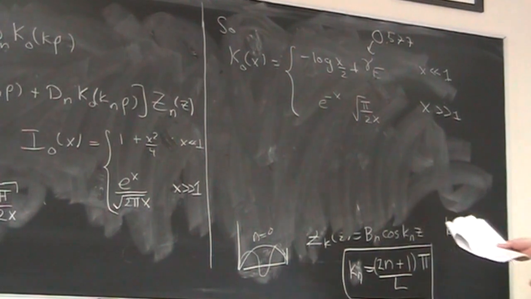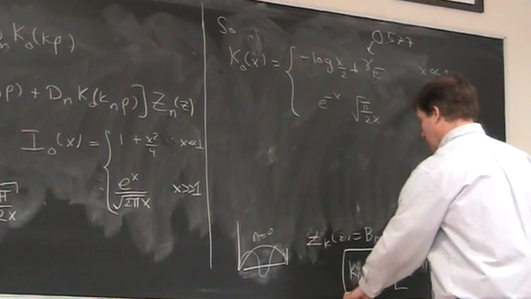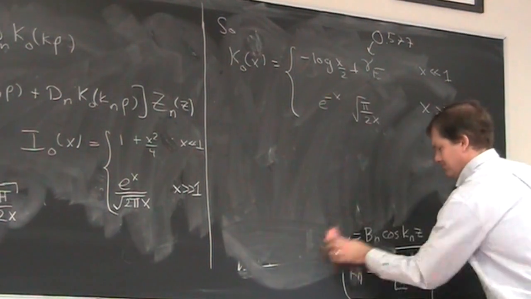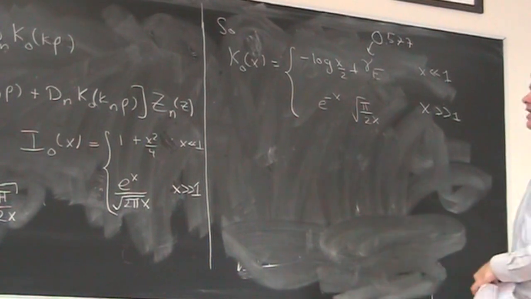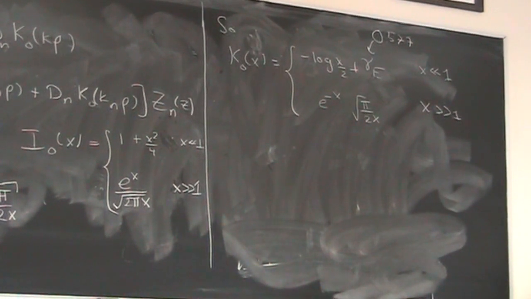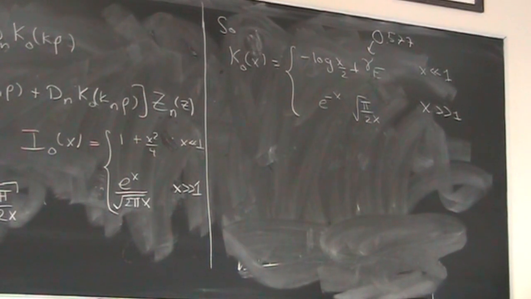Now let's see. What do we want here? We have these formulae written down. Outside, of course, we only want the exponentially shrinking solution, not the exponentially growing solution.